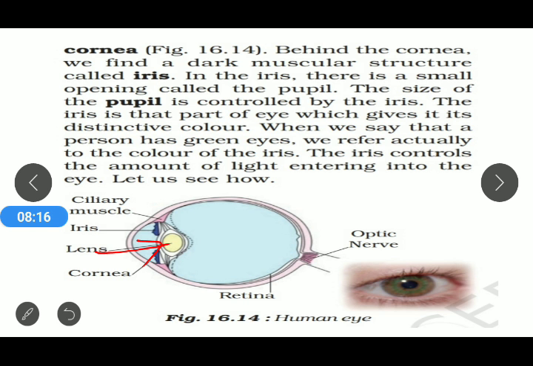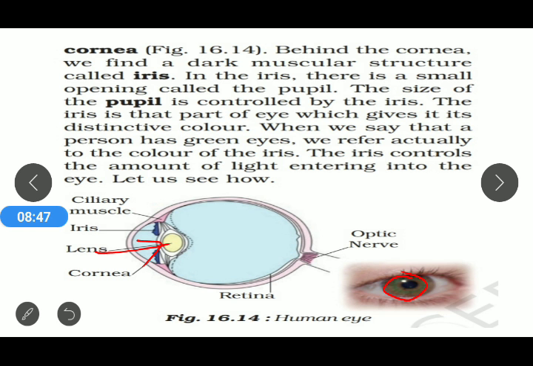When we are in a dark area, the size of the pupil increases, and when we are in a light area, where the intensity of light is very high, the size of the pupil decreases. That is how it adjusts and controls the light.